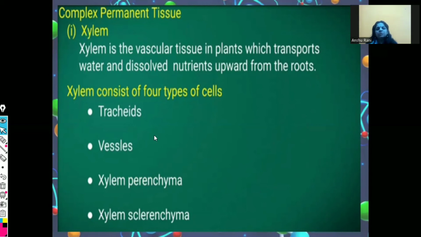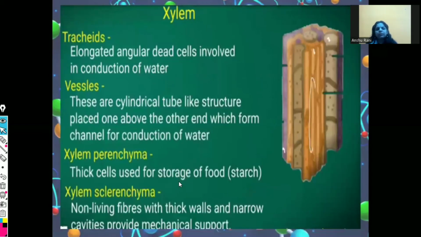It is of 4 types: tracheids, vessels, xylem parenchyma, xylem sclerenchyma. First is tracheids, elongated angular dead cells involved in conduction of water. They are long cells which help in conduction of water. Then we have vessels. Vessels are cylindrical tube-like structures which are present one above the another.